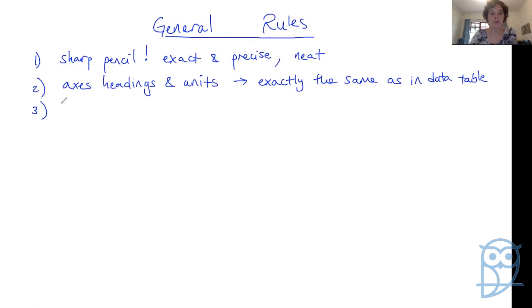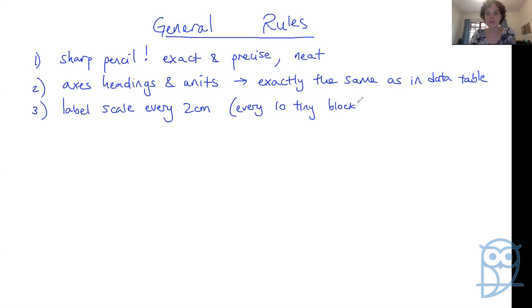You need to label your scale every 2 centimeters. Now, on your paper from Cambridge, that is going to be exact. On your assignments, it's maybe a little bit slightly wonkier than that, okay? But what it works out to, every 2 centimeters is every 10 tiny blocks. Because each one of those tiny blocks is 2 millimeters. So every 10 of them gives you 2 centimeters.